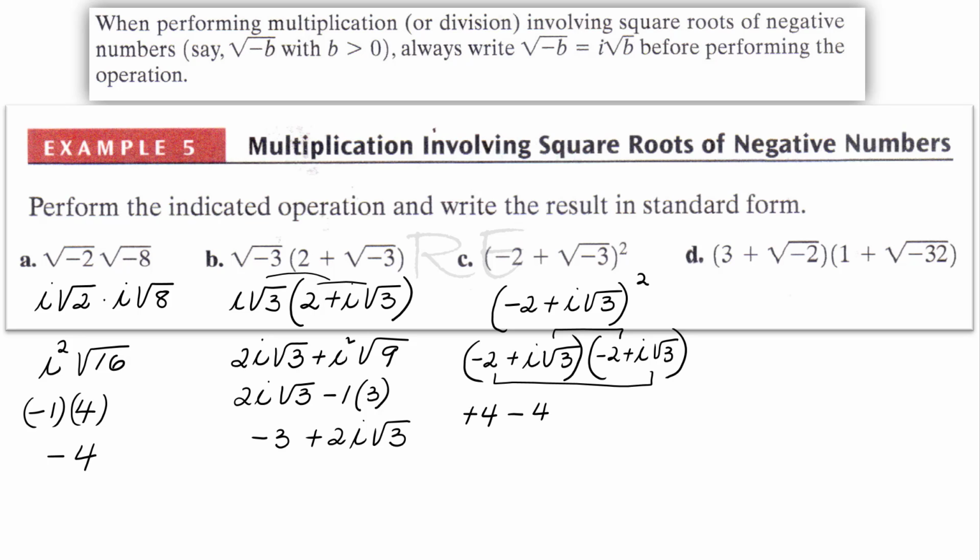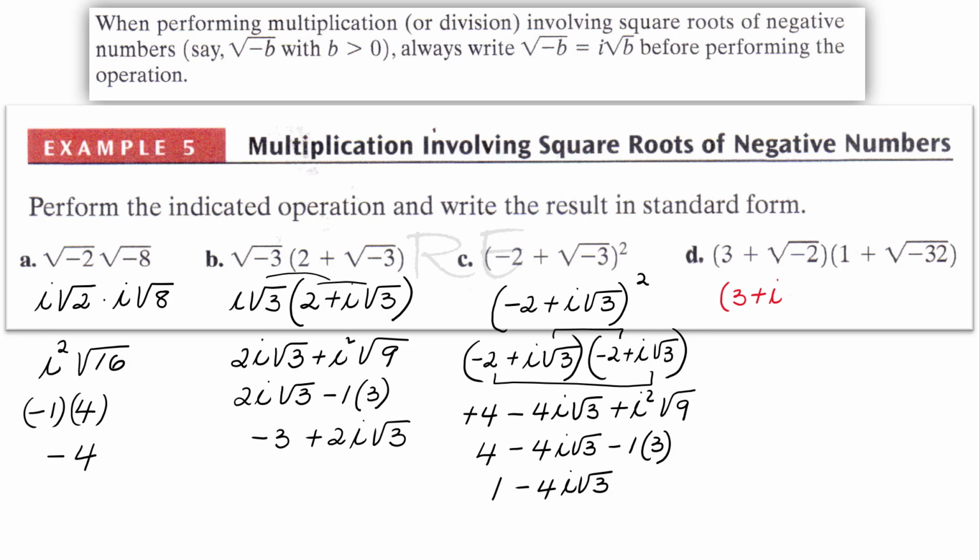Negative 2i square root of 3 plus negative 2i square root of 3 is negative 4i square root of 3. And i square root of 3 times i square root of 3 is i squared square root of 9. So negative 4 minus 4i square root of 3. I squared is negative 1, so it's minus 1 times square root of 9, which is 3. 4 minus 3 is 1. The answer is 1 minus 4i square root of 3.